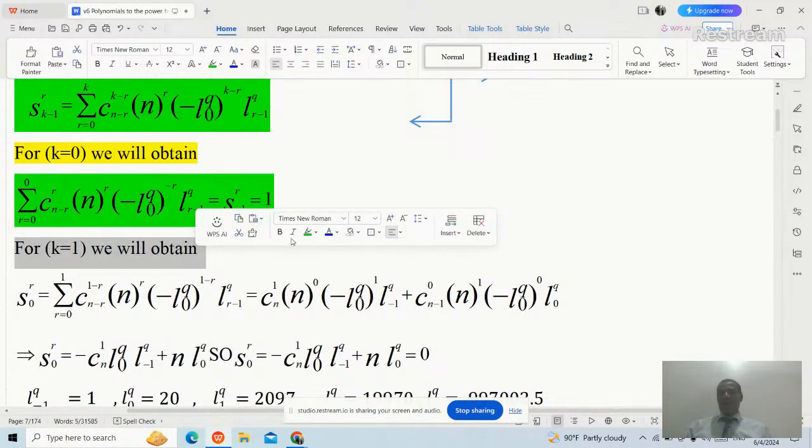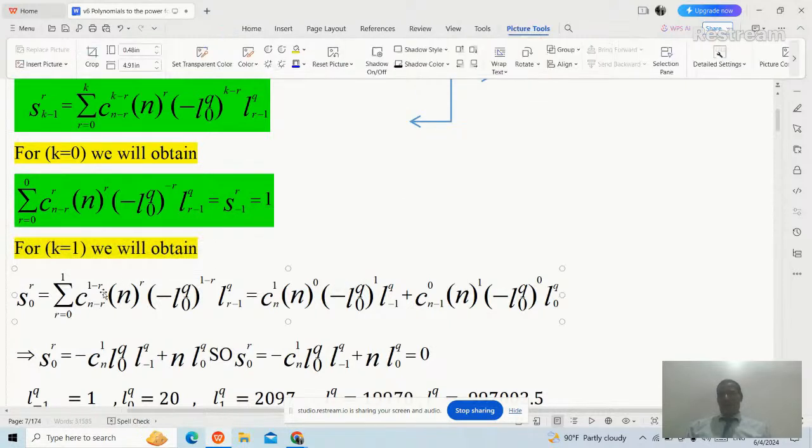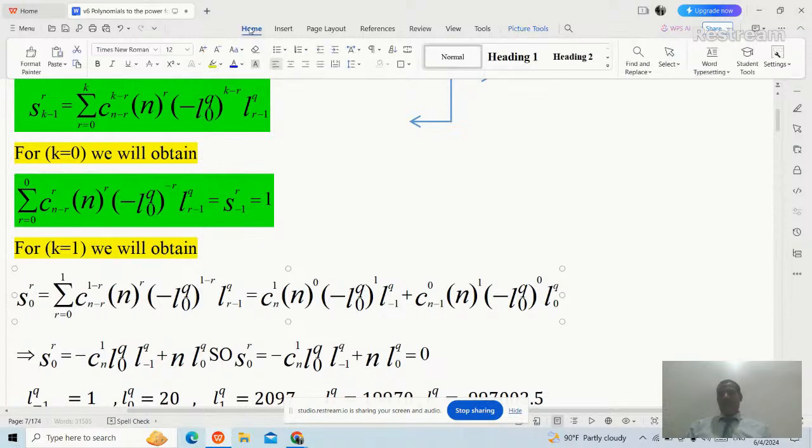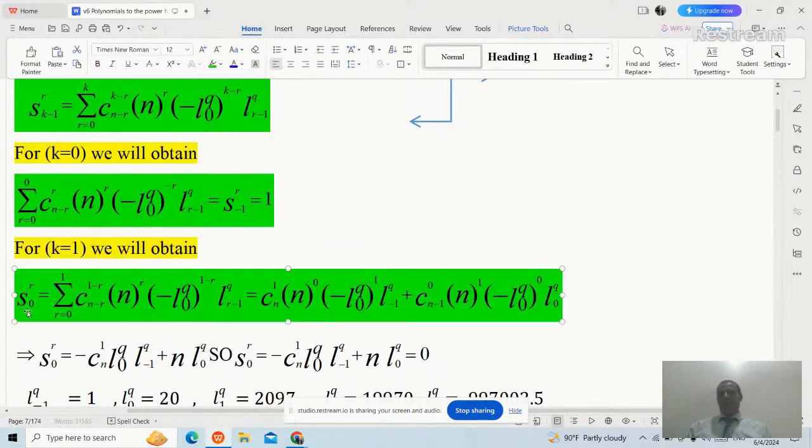Putting k equal 1, we get this formula. What exactly do we get? We get the following: s0 of order r. Why s0? Because k minus 1, where k is 1, gives 1 minus 1, which is 0, raised to the power r.